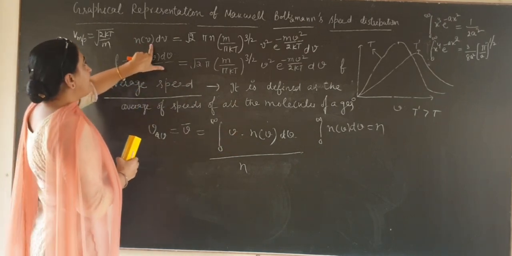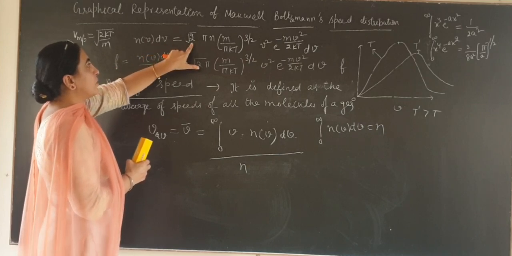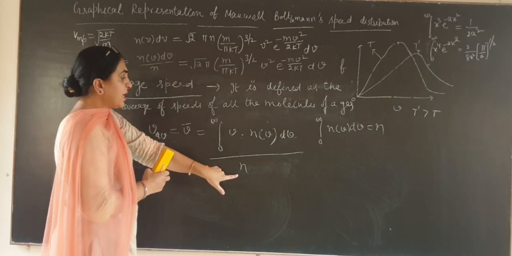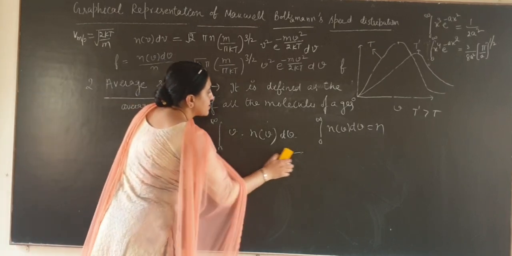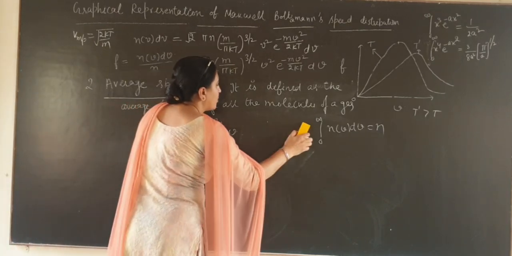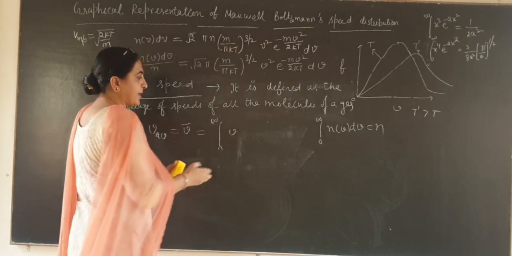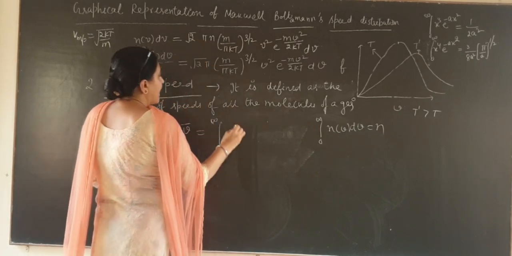So when you put the value of n(v) dv, that is equal to under root 2 pi N, here is N, so N cancels with N. What you get is under root 2 pi.